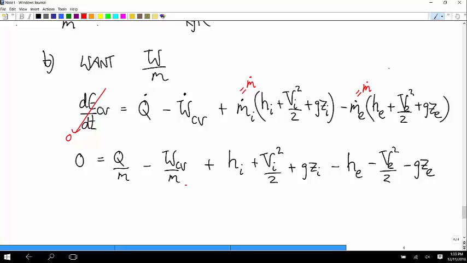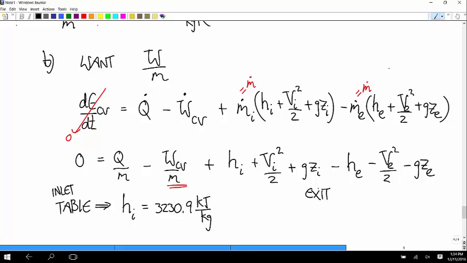And we're trying to find this. Well, Q over M, again, we're given. I guess let's look the stuff up in the table first. So at the inlet, the table says the enthalpy is equal to 3230.9 kilojoules per kilogram.